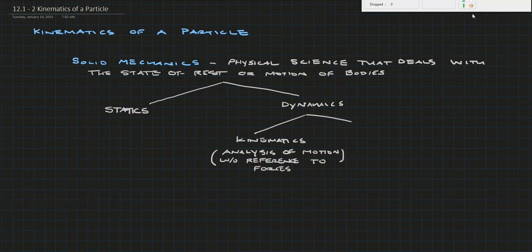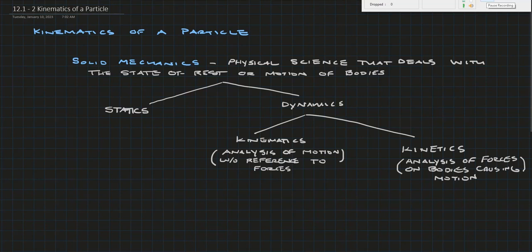And we will also later discuss kinetics, and let's spell this correctly, kinetics, which is the analysis of forces on bodies causing motion.